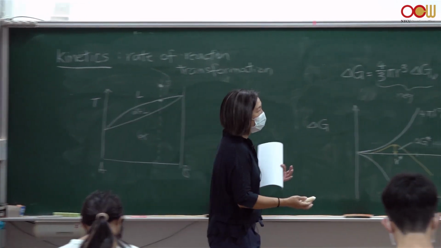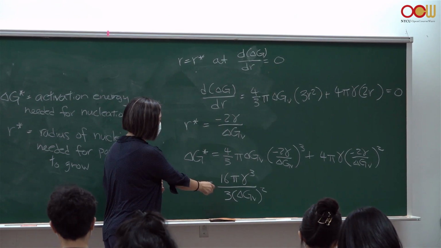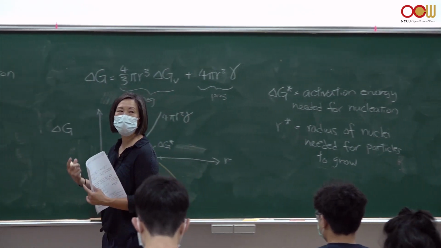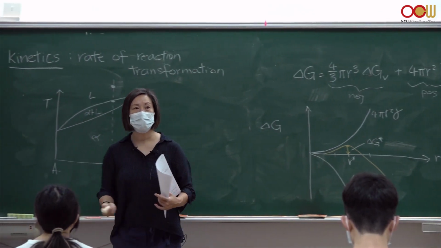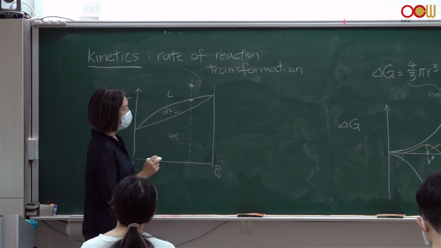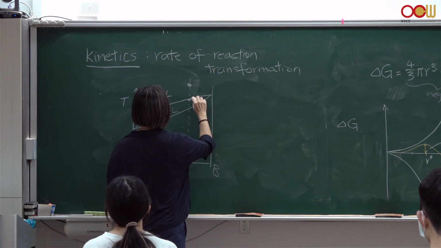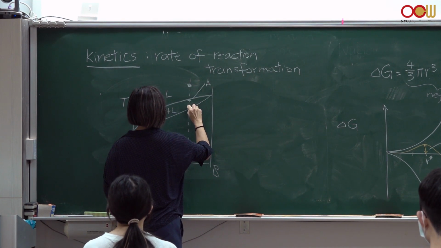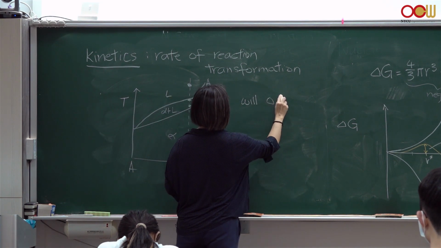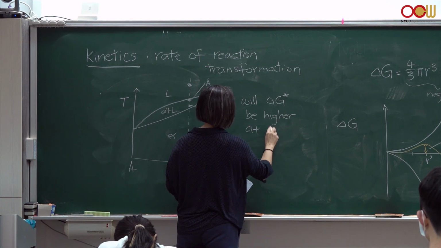But my system is telling me that there's some activation energy required because of the surface area that needs to be formed and so on and so forth. Do you think that the activation energy will be higher? So let's call this point A and point B. Will the activation energy be higher at A or B?